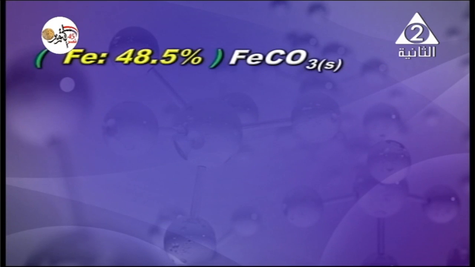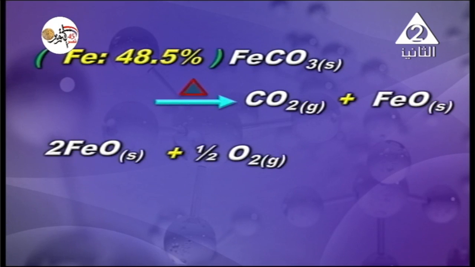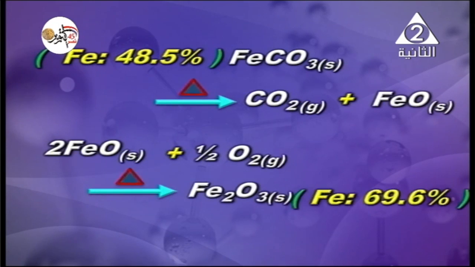For example, iron(II) carbonate, in which the percentage of iron is 48.5%, on heating changes into carbon dioxide and iron(II) oxide. That iron(II) oxide is oxidized by air, giving iron(III) oxide that has a percentage of 69.6%, so it increases the percentage of iron.